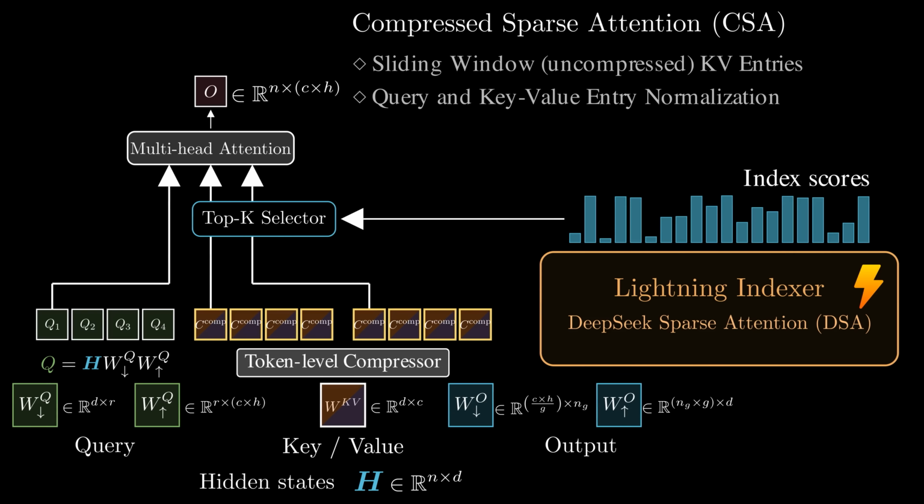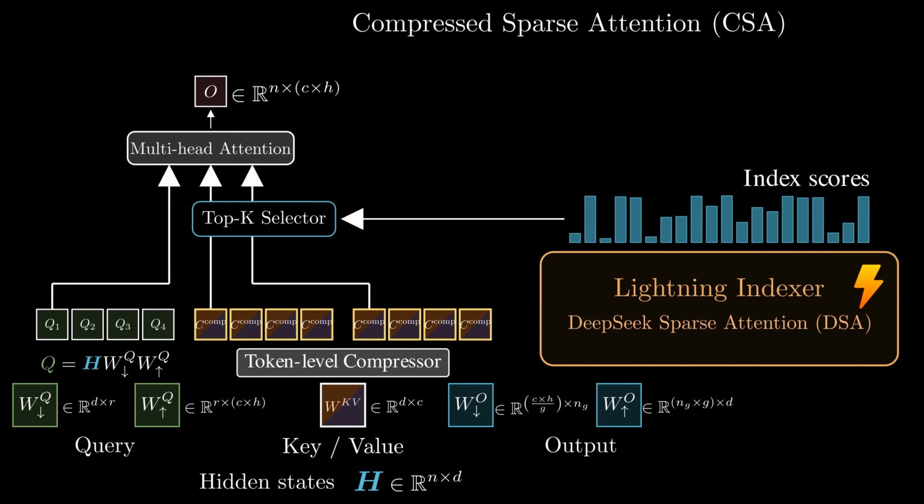Like in multi-head latent attention, we apply rotary position embeddings to part of the query and key-value entry vectors. Finally, we introduce a set of learnable attention sync logits. These sync logits serve as dedicated entries that absorb excess attention mass, thereby encouraging more stable training.